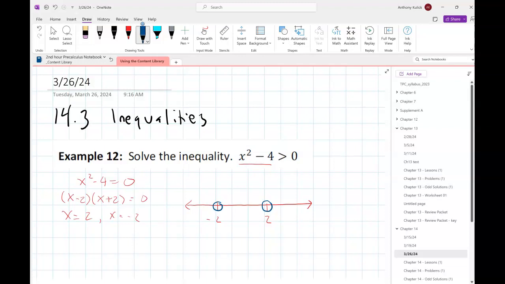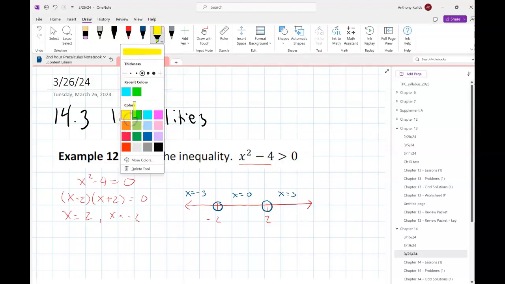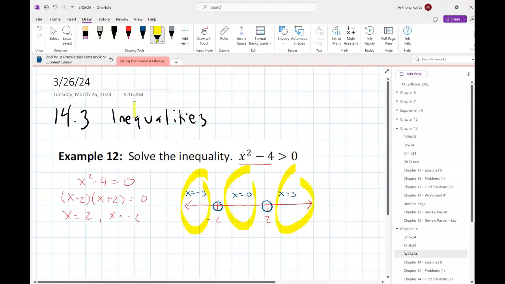And then what I'm going to do is pick some test values. So maybe negative 3, 0, and 3. I'm going to pick a test value for each section of my number line. The zeros or things that are undefined are going to divide up my number line into a bunch of sections.